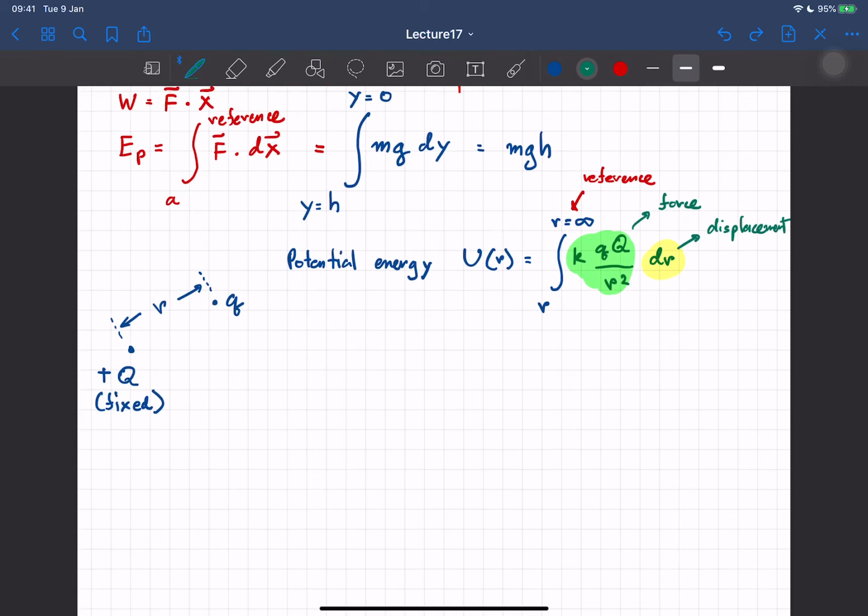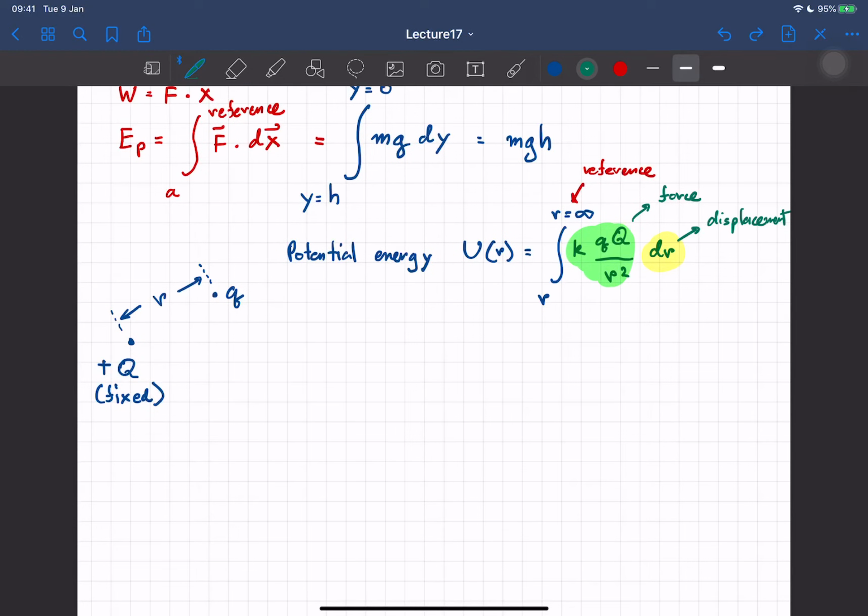So let's just perform this integral. Well, k, q, Q are all constant, so I can take them out of the integral sign. So that's going to be U of r, which is the potential energy, equal to k, small q, big Q, integral of 1 over r squared dr, from any point r to r equal to infinity, like this.